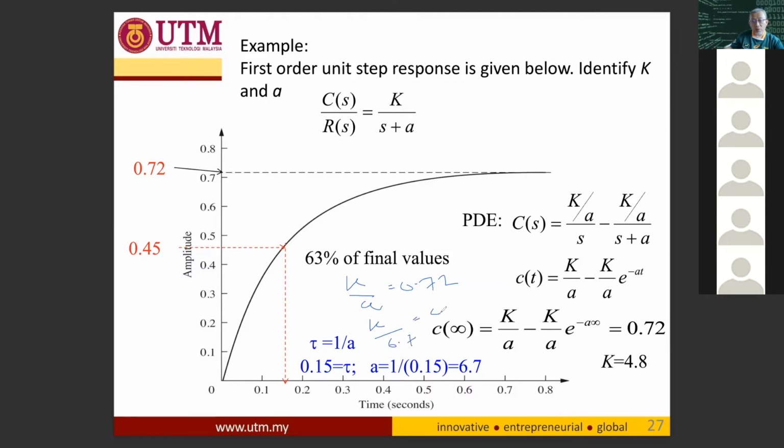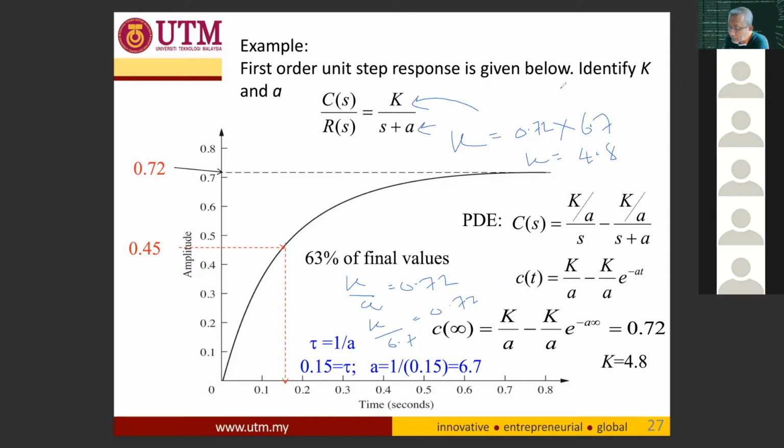So K is equal to what? 0.72 multiplied by 6.7 is how much? 4.8. So 4.8 you insert here. This one is 6.7.